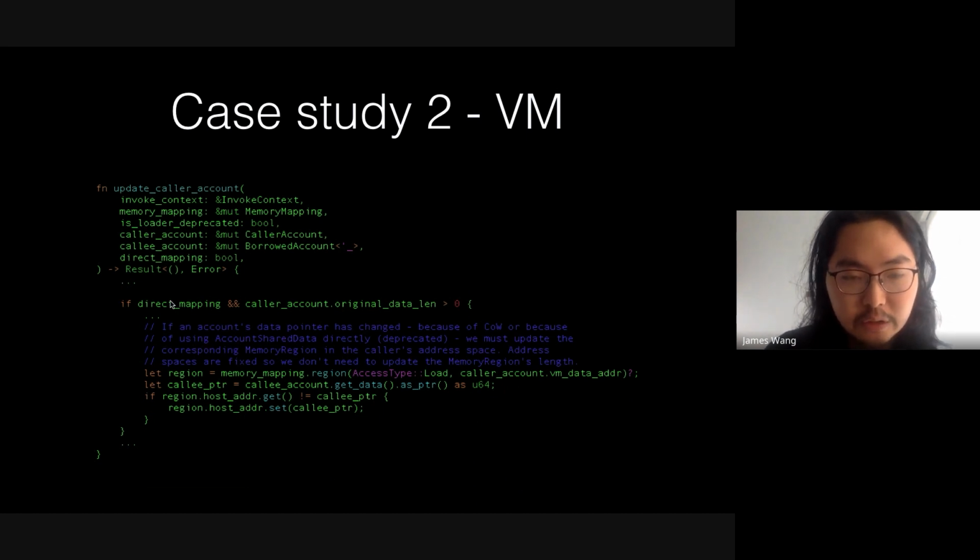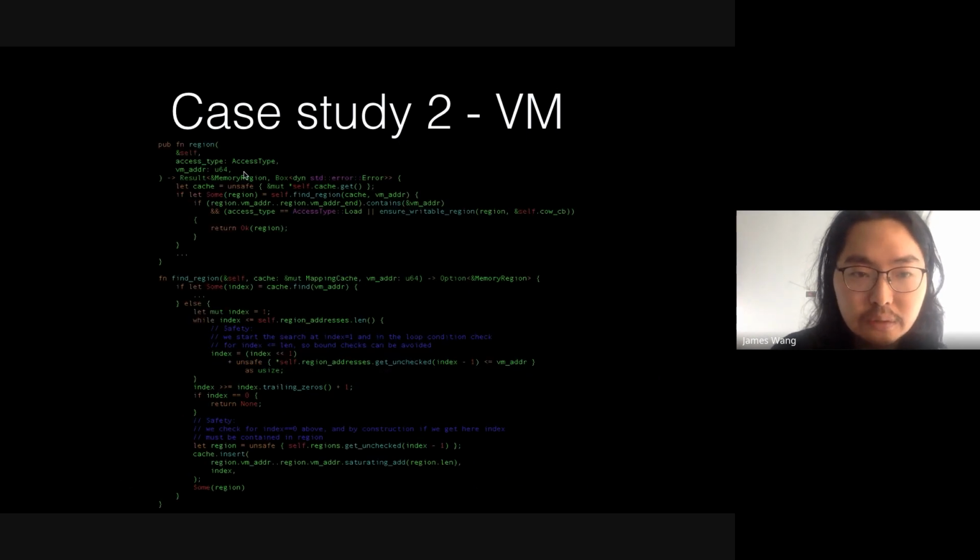So we check if direct mapping, the optimization, is enabled, and we try to find the region responsible for the caller account's VM data address, which is kind of like asking where is it? Find calls the find region function here, which traverses the regions to find one that contains the provided VM address.